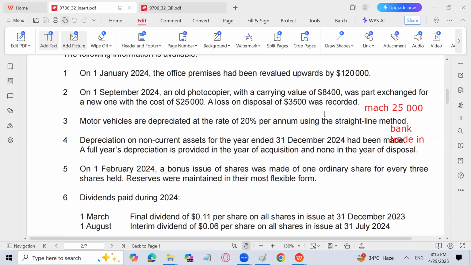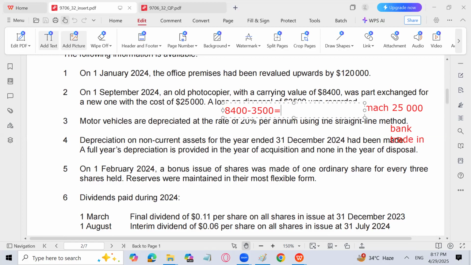So let's see the amount of trading. There is a loss on disposal of 3,500 and the old photocopier with a carrying value of 8,400. It means 8,400 plus 3,500. The asset has been sold less than 3,500. So what I will do, 8,400 minus 3,500, because the carrying value is 8,400, but the asset is sold at a lesser price, at a price less than the carrying value.